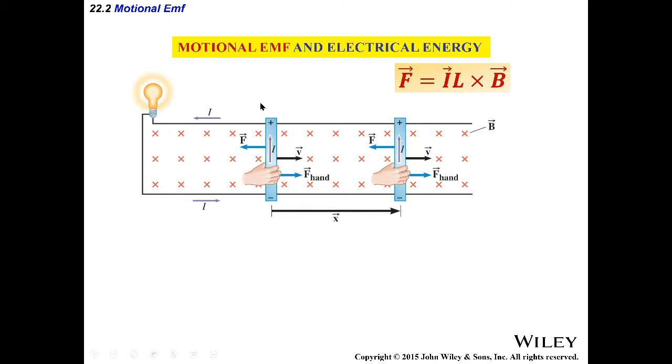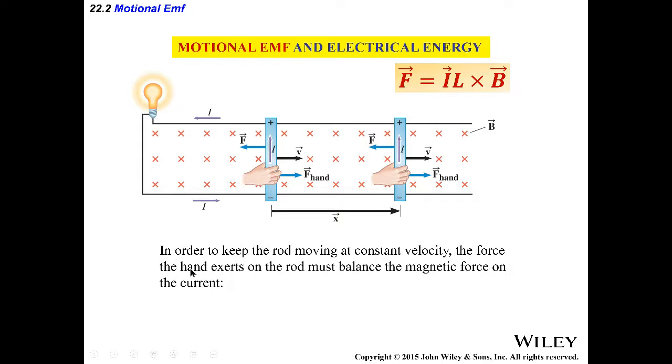But the fact that they can now move, the external magnetic field says, you move, I'm going to hit you. And that is this law, and that tells us it is opposing it. Okay. In order to keep the rod moving at constant velocity, the force the hand exerts on the rod must balance the magnetic force on the current. Okay.